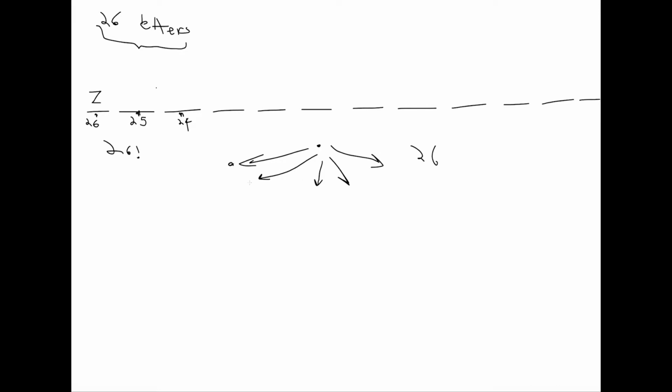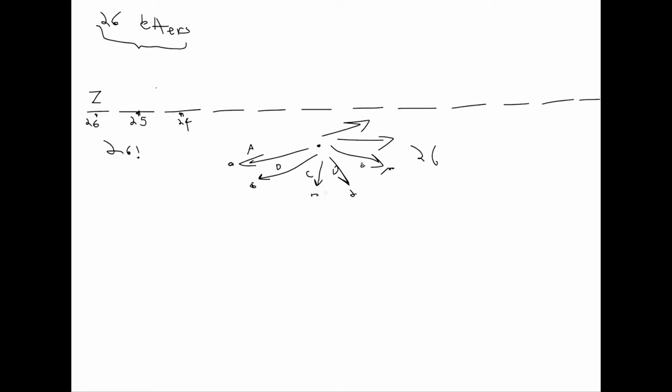Now you're at the end of each path, and at the end of each path, you now have 25 options for the second slot. So maybe this one will be A, this one will be B, this will be C, this will be D, this will be E, and so on. There will be more paths for every letter of the alphabet.